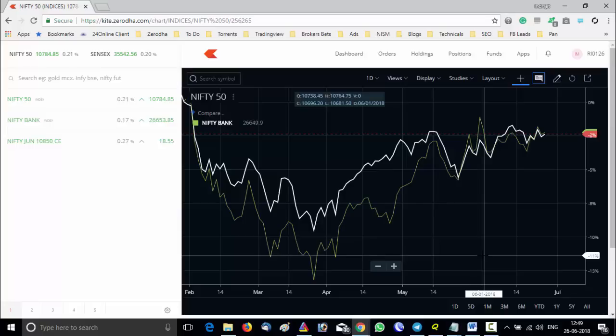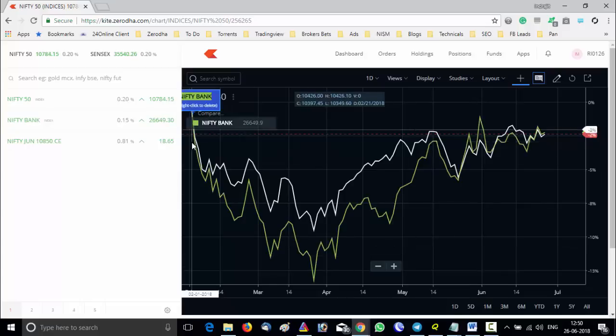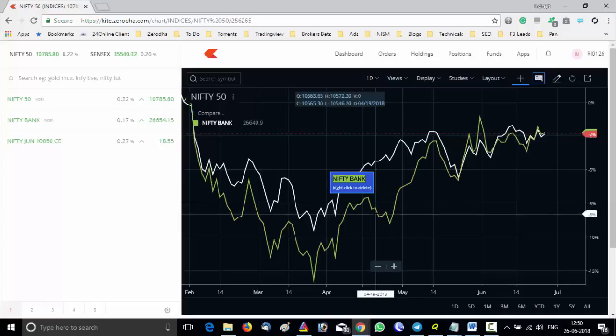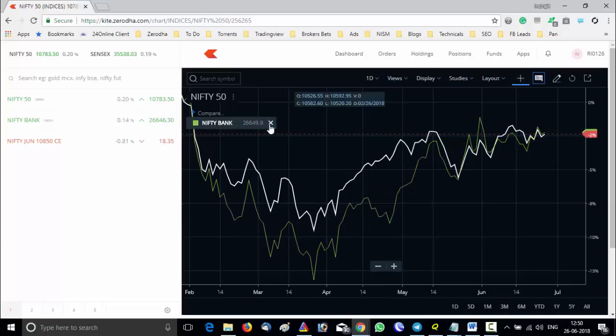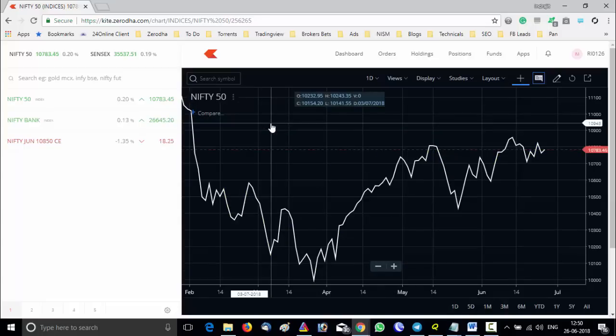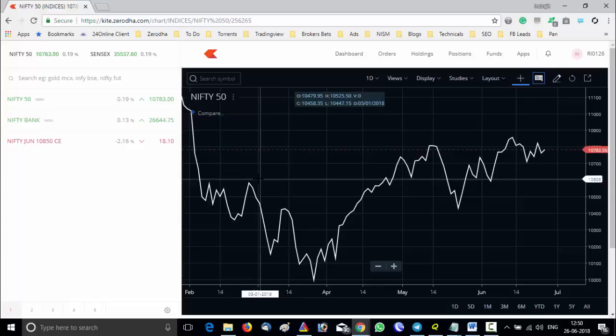So you can compare Nifty 50 and any other two securities side by side on Zerodha Kite. You can click on the cross button to delete the comparing chart.